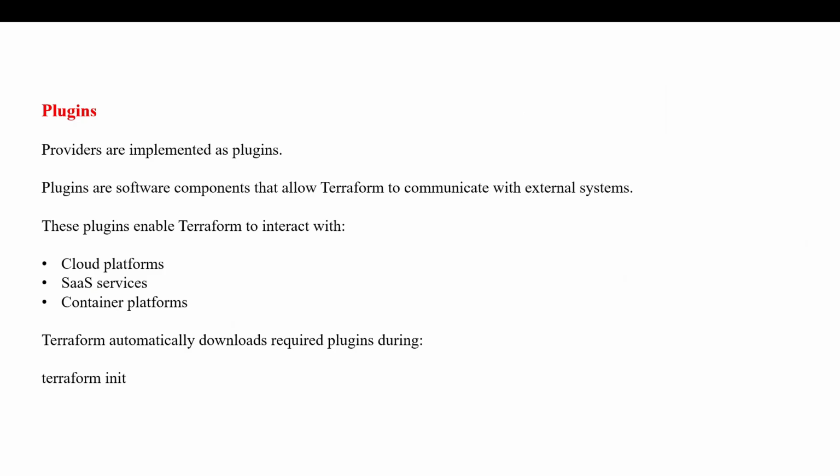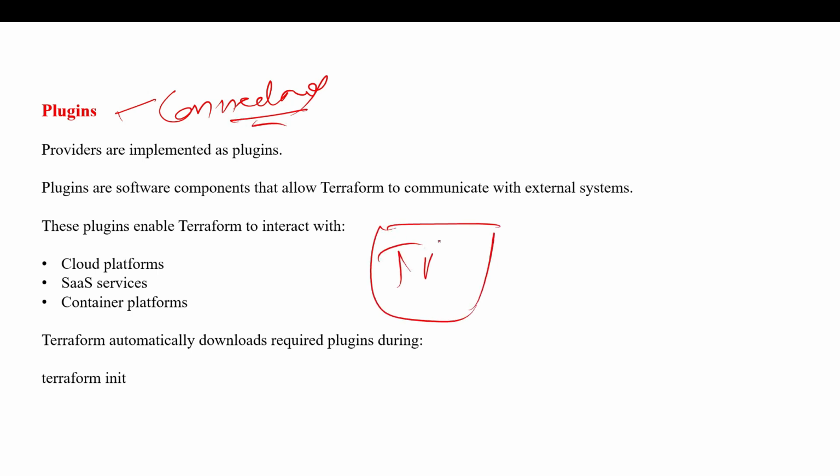Now plugins. We have discussed a few things about these plugins some time back in the previous sessions. So plugins, which are also called connectors. And what is the use of a connector? It is very simple. We have Terraform configured on one of the servers, maybe on our local machine or some remote virtual machine. And from here, I am executing different Terraform commands to create resources in my AWS cloud.